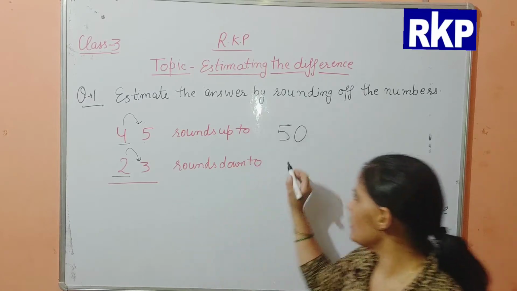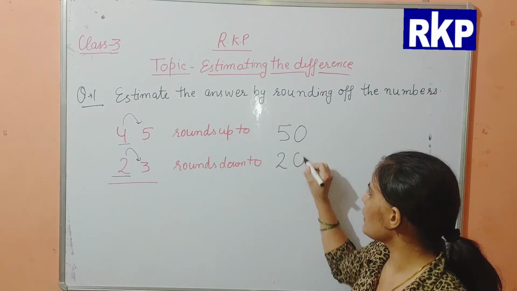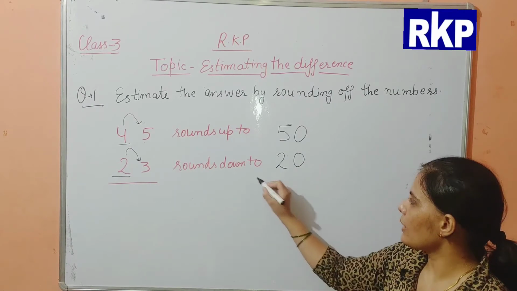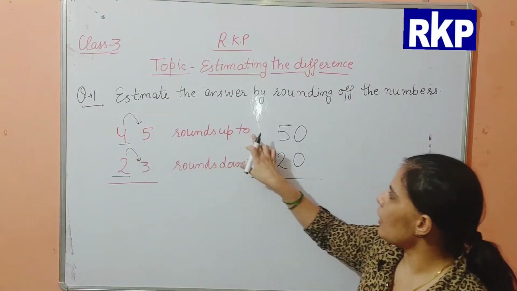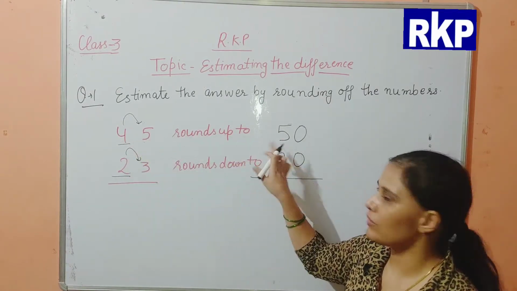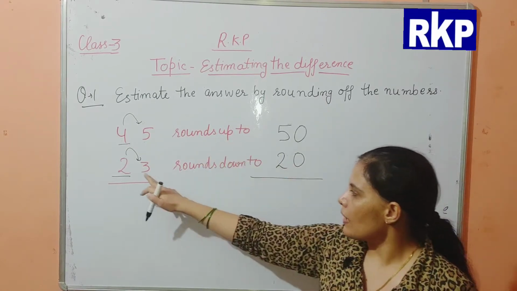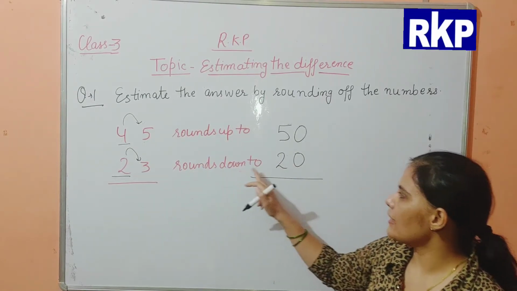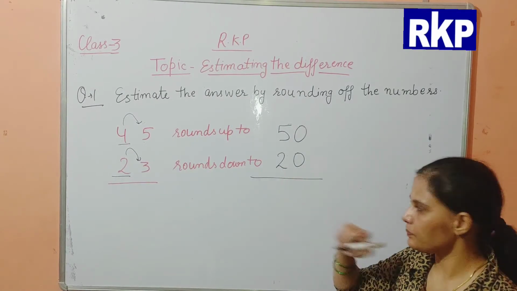So 2 will stay at the tens place and at the ones place it becomes 0. Now you can see 45 rounds up to 50, the higher number, so you will write rounds up to. And 23 you will write rounds down to, because here the estimated difference is 20.